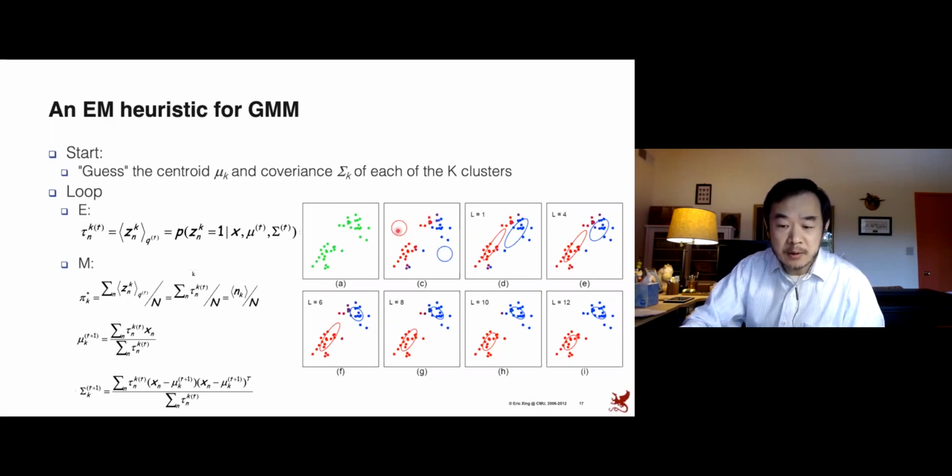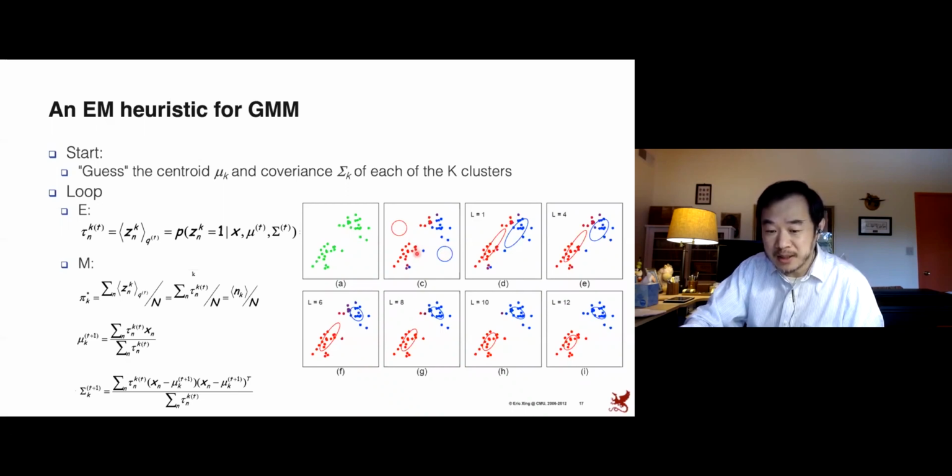So now let's go back to our first iteration. Once you estimate this, you can imagine that this is equivalent to assigning a color or maybe a fractional number to each point. They can be very red if they are very close to the red centroid. They can be very blue if they are very close to the blue centroid. But they can also be somewhere reddish and bluish if they are somewhere in the middle.